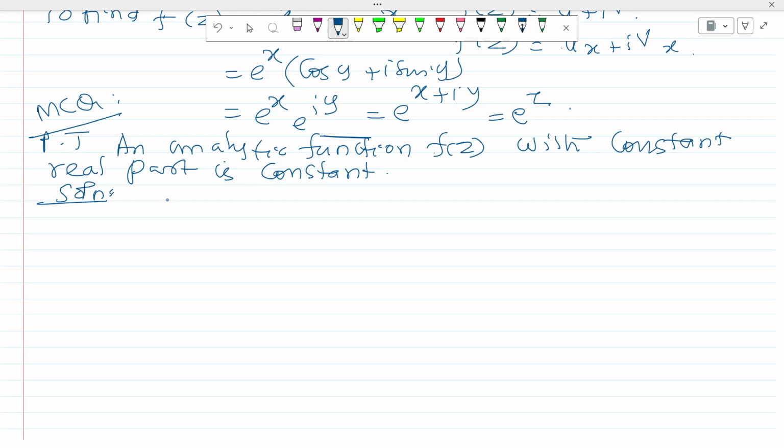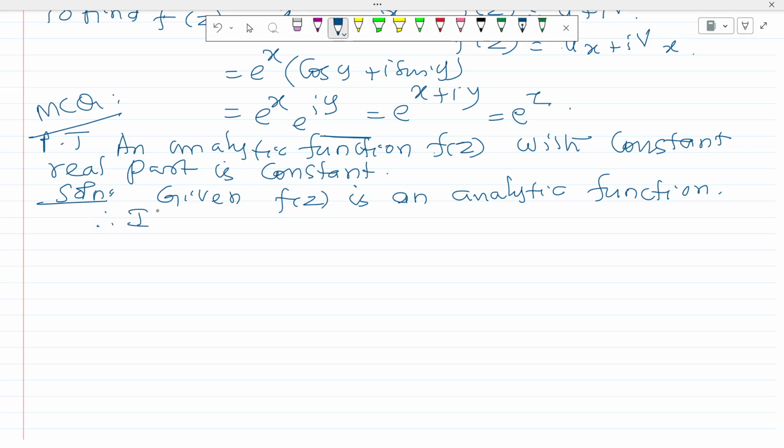How can we write the proof? Given f of z is an analytic function. So once f of z is an analytic function, it satisfies CR equations.